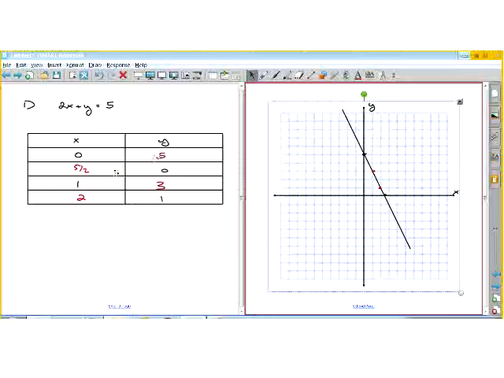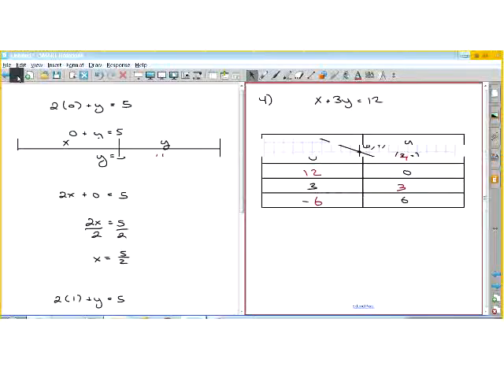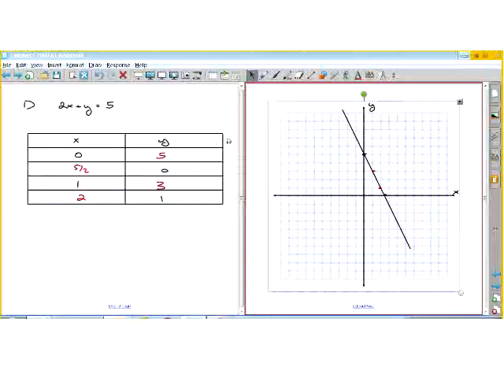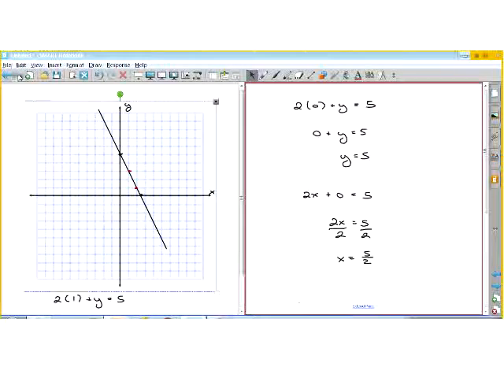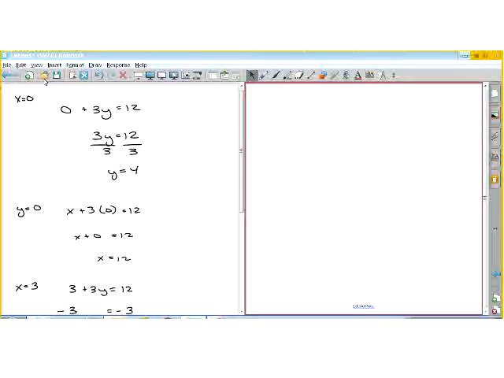So we know the y-intercept is 5, and likewise the x-intercept is where this line crosses the x-axis. The x-axis is where y equals 0. So the x-intercept is 5/2. If I have these 2 points, I have enough information to draw a line. And then these extra ones are just confirmation that I did everything correctly.